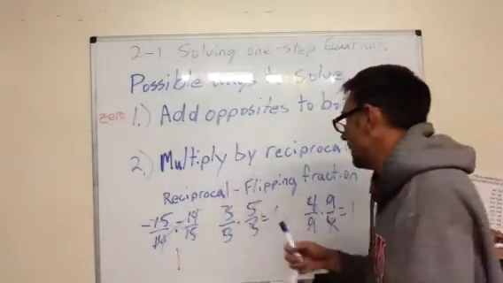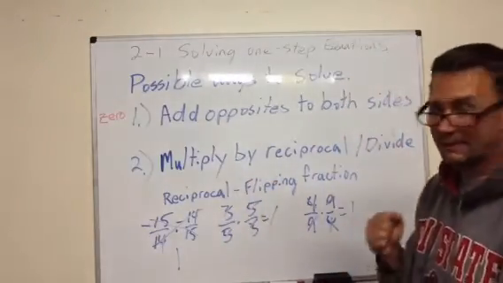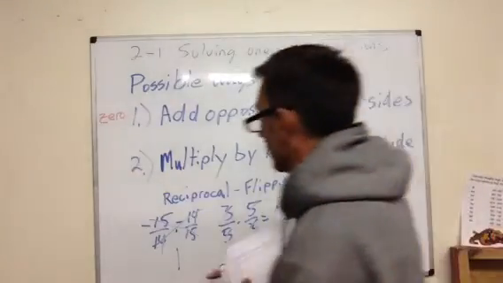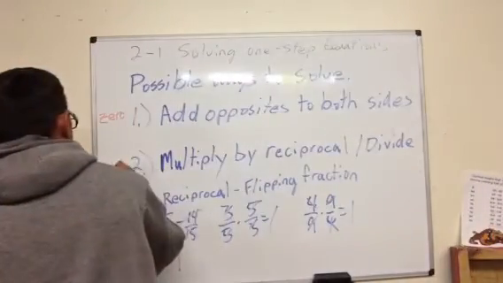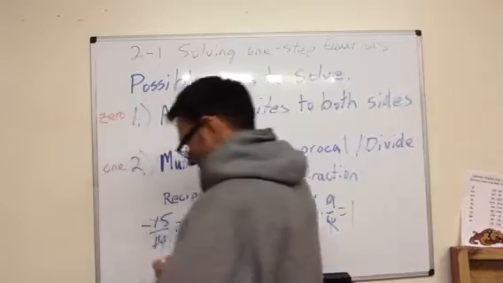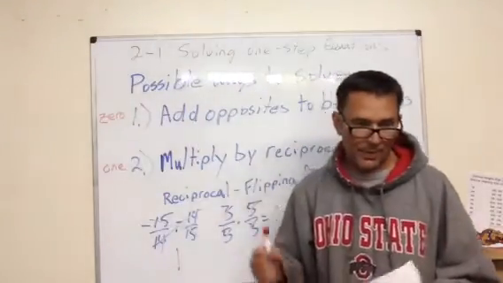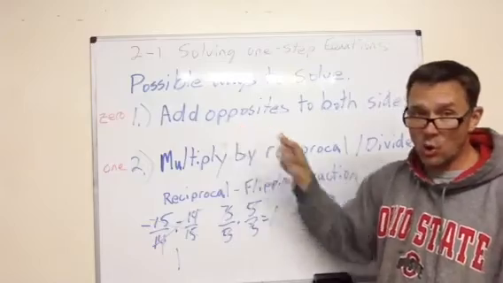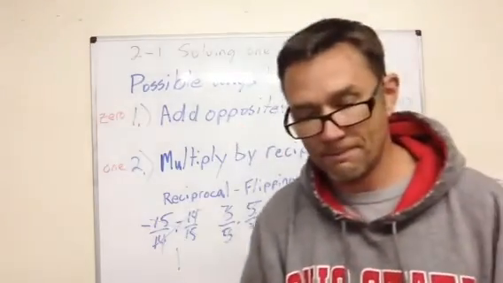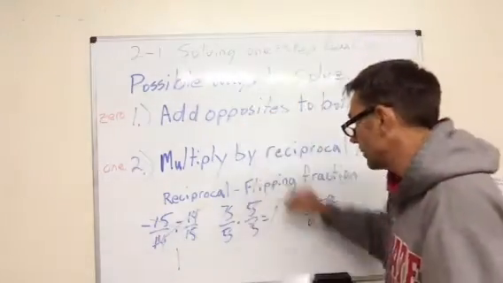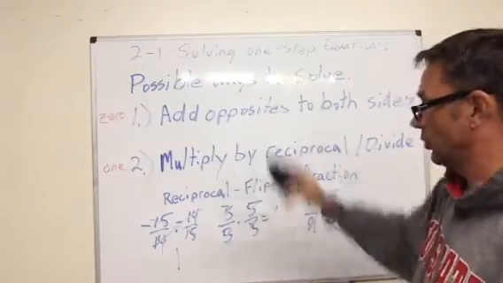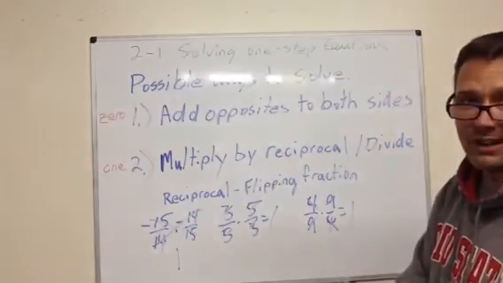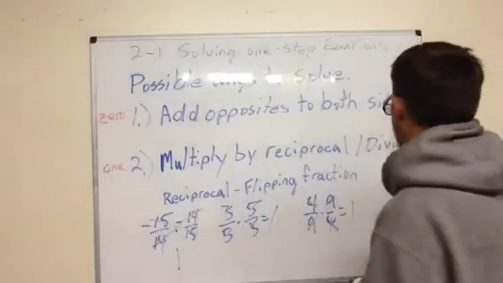So when we divide by a reciprocal, or we divide by that same coefficient, we are getting an answer of 1. So we're solving equations. We're looking to get one of two things: something equals 0, or something equals 1. So you want to remember that. These two ways to solve equations are key, and you'll be using them for a very long time.